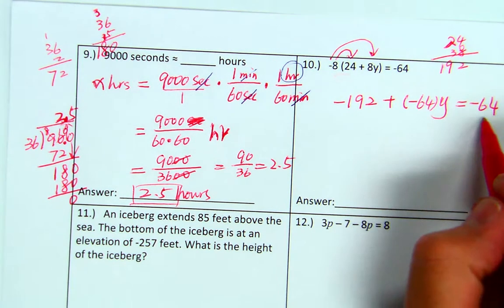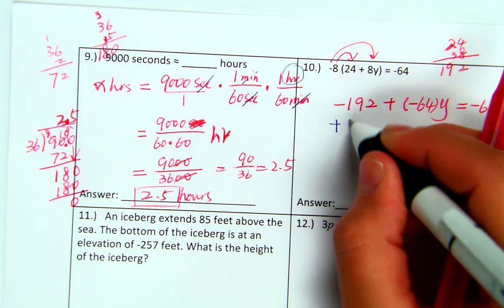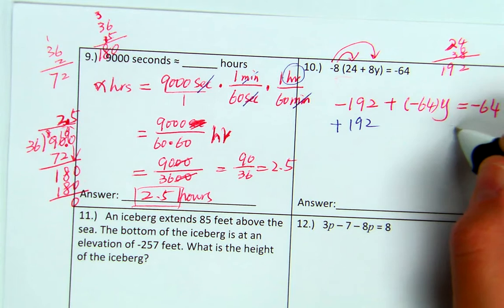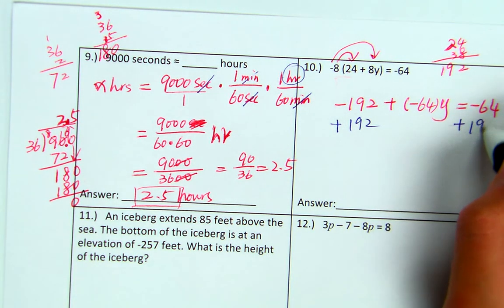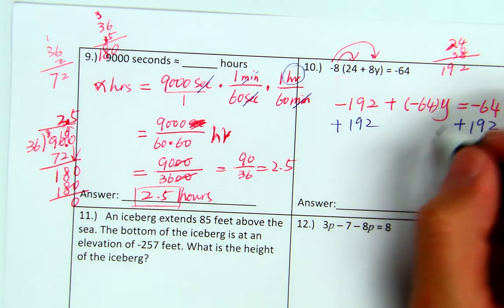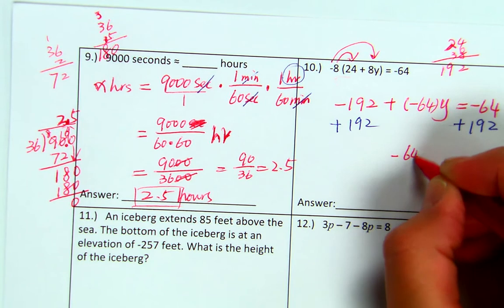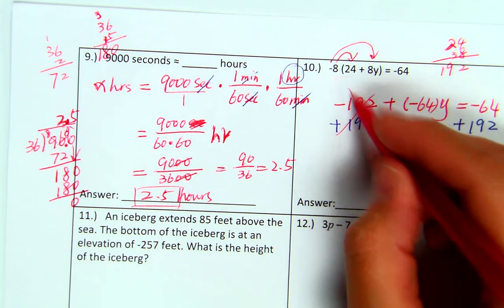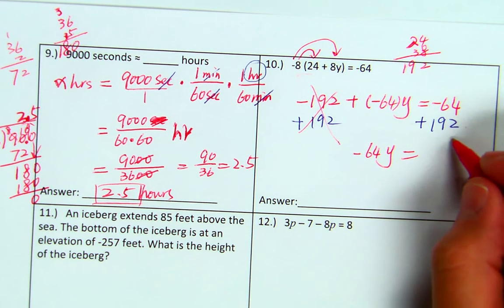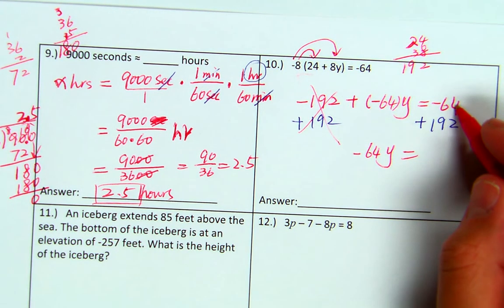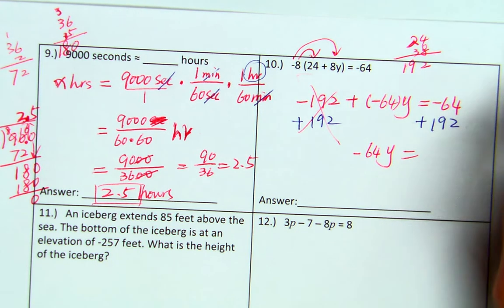So the number goes with the number. I want to move this to the other side, so I'm going to add 192 to both sides. I'm adding because it's a negative, so I need to add the same thing to the other side. On this side I have negative 64y, and this already cancels, becomes 0, and on this side you have a negative 64 plus a positive 192.